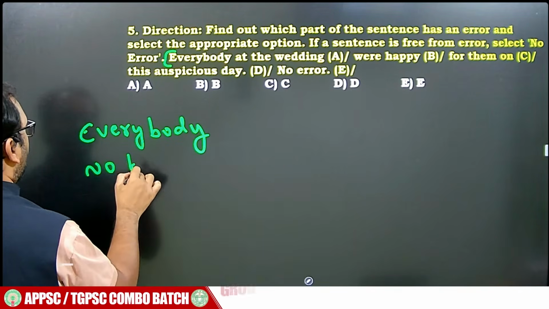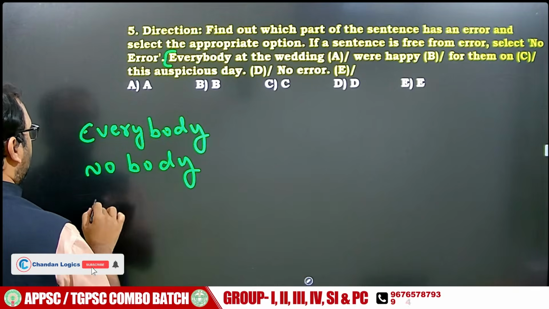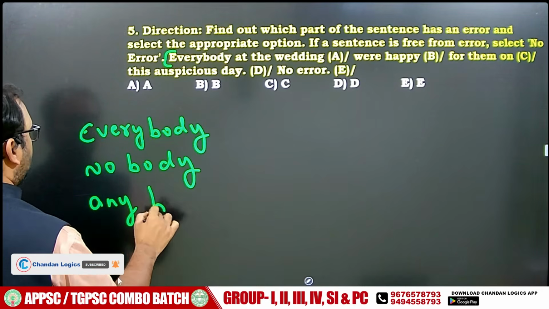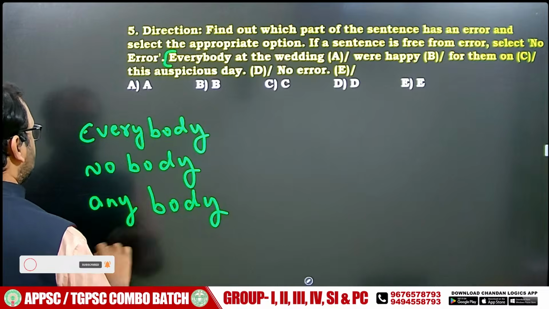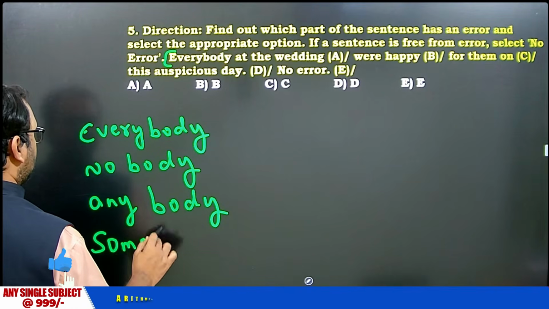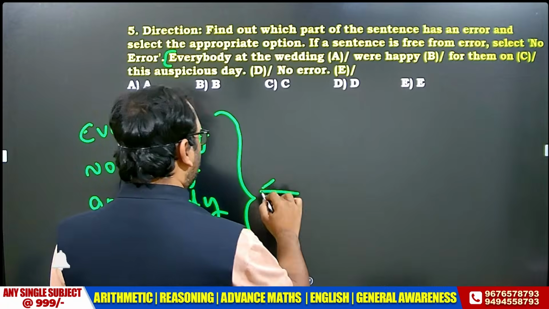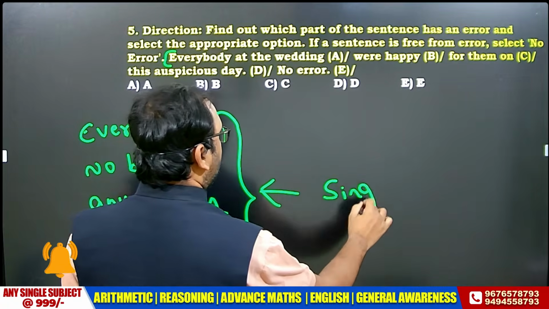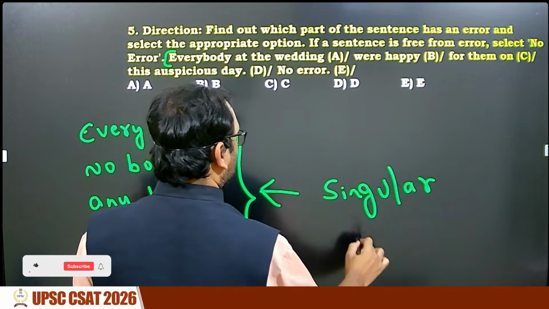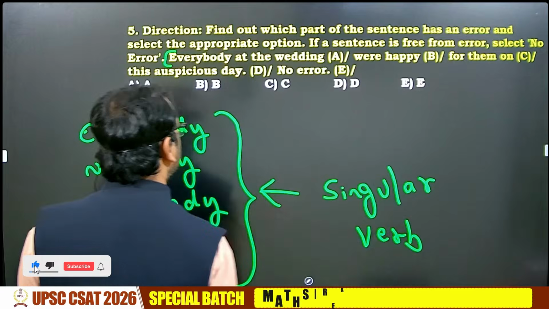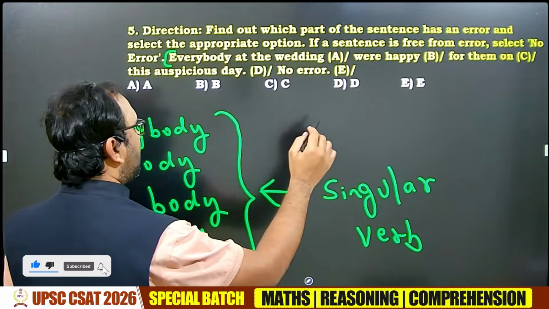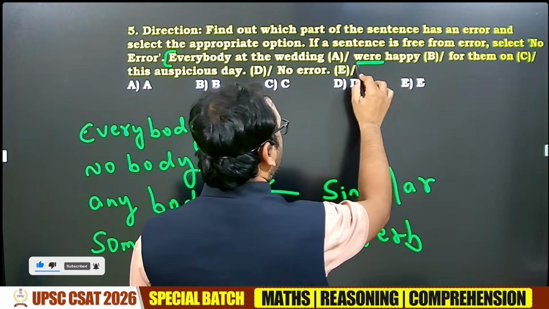Everybody, nobody, anybody, somebody. They're all singular. We take the singular verb. So everybody at the wedding were happy. Were is wrong.